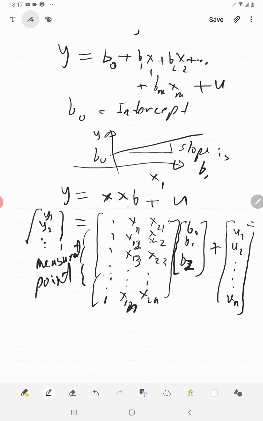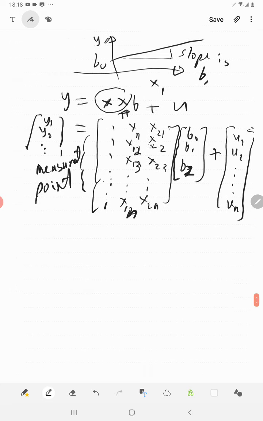Now, if you look at this, B is a vector, B naught, B1, B2. This XX represents this matrix: the first column, we have it once. The second column is the measurement of the first variable. The third column is the measurement of the second variable, and so on.